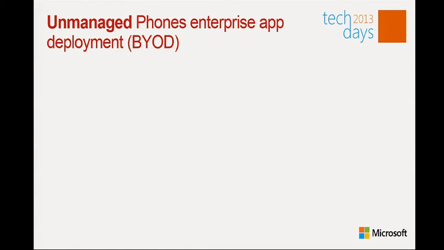Thus, for the unmanaged phone, we have a very simple scenario. As I told you, the first thing is to be registered as an enterprise to the application hub. Then the IT is able to sign what we call the XAP file. A XAP file is the package to install an application on my Windows Phone. And with the enterprise certificate, they are able to sign it.